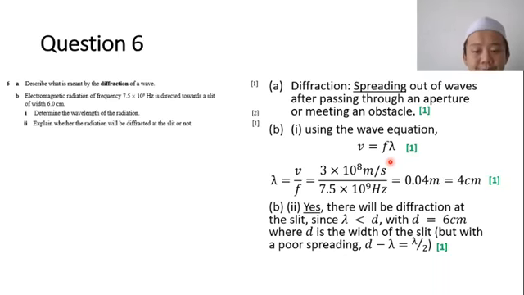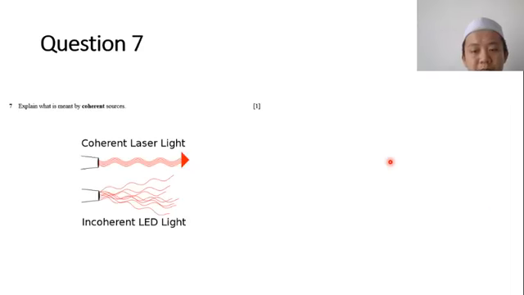Moving on. Explain what is meant by coherent sources. So these are two types of coherent and incoherent LED lights. As you can see, here it is not exactly true.